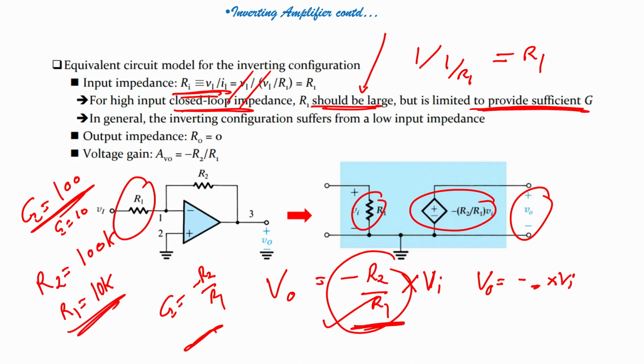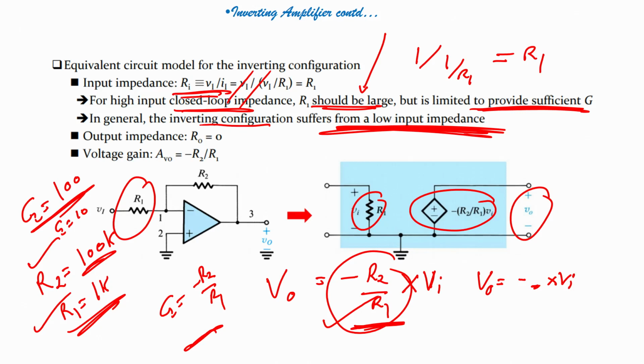This is an example which we have seen. Now, in general the inverting configuration suffers from low input impedance. Why? Because you see here only R2 by R1. If I want a gain of 100, my R1 would be 1k if I select R2 equal to 100k. 1k is extremely small, but in reality we should have R1 or input impedance extremely high.